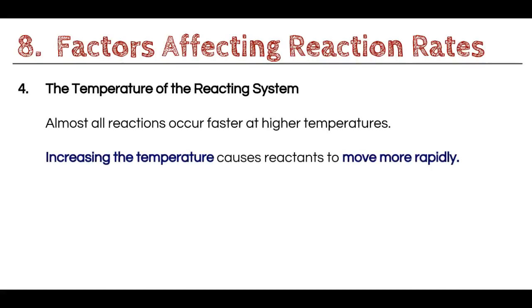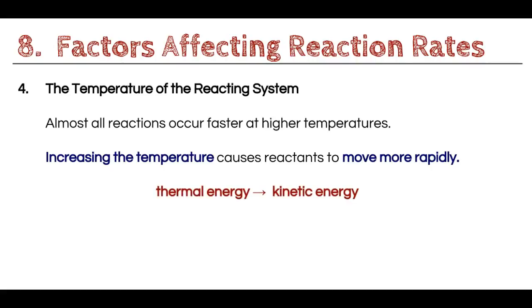When I increase the temperature of a system, that's going to cause those reactant molecules to move a little bit more quickly. They're going to move more rapidly, and if they move more rapidly, then they're going to collide with increasing frequency. Well, why is that?